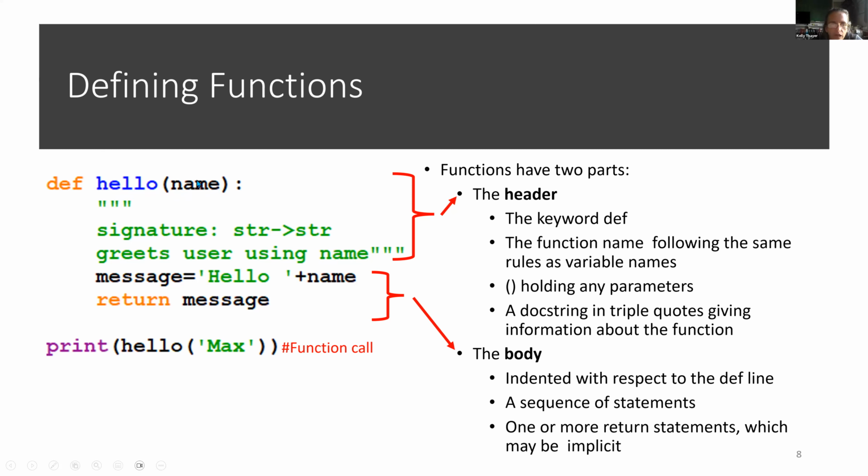And then the next part we're going to have is what we call the doc string. This is short for documentation string. We will include what we call the signature, and then we will be telling the types of the variables. So this is the type of the input, and this is the type of the output. Notice that the doc string is technically a string, right? It's got these triple quotes around it.